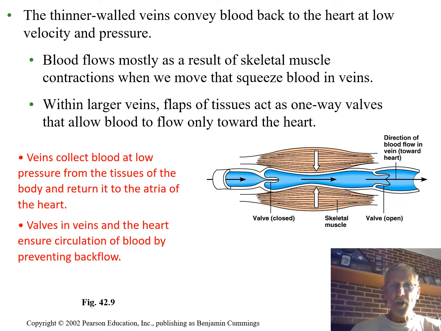Okay, so here's the idea about veins and those valves. By the time it gets to veins, that blood is at very low pressure, and to get it back to the heart, what has evolved is a system where they get a little bit of help from these valves, right? And the muscles that are surrounding blood vessels, many but not all, right, are surrounded by muscles.